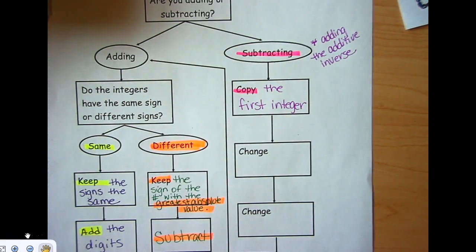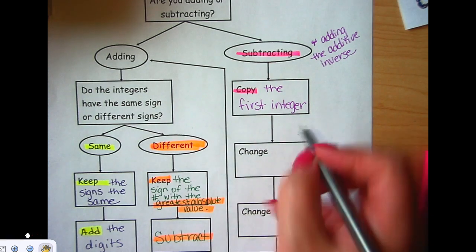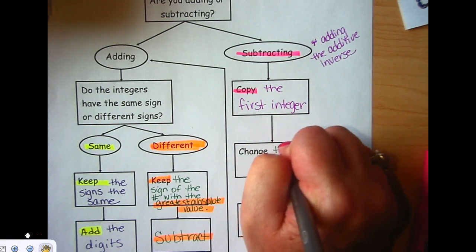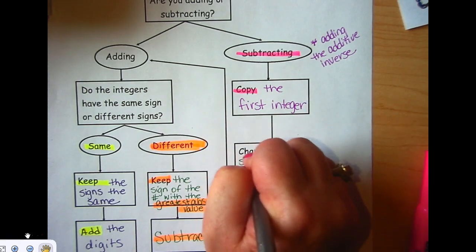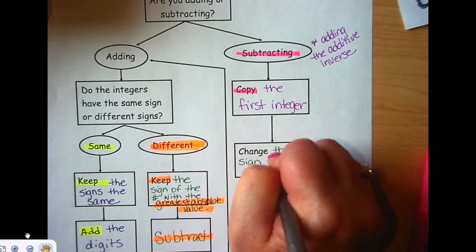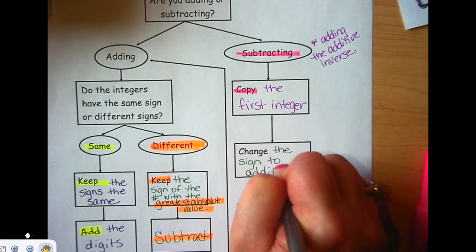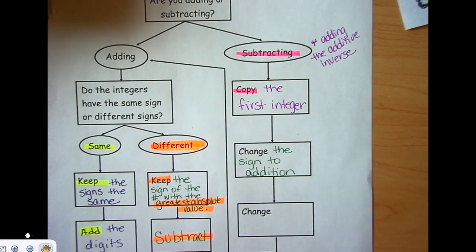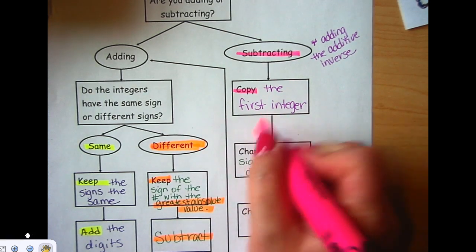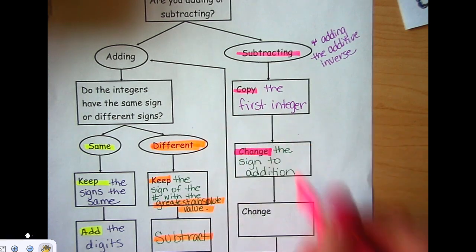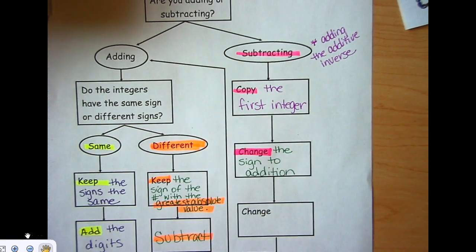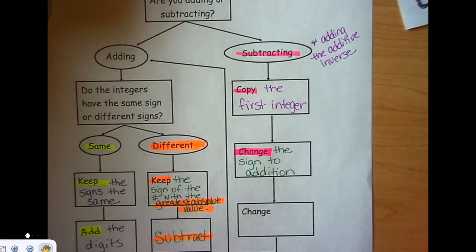We're going to change this sign to addition. Then you're going to change the second integer to the opposite.